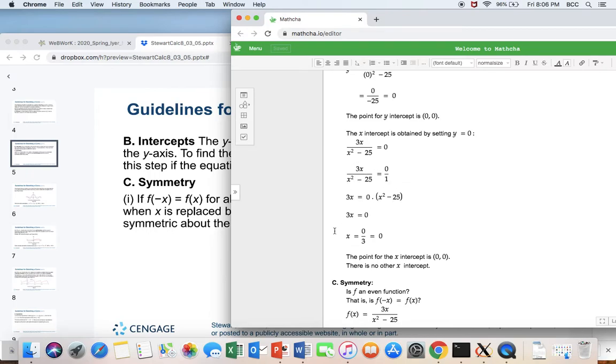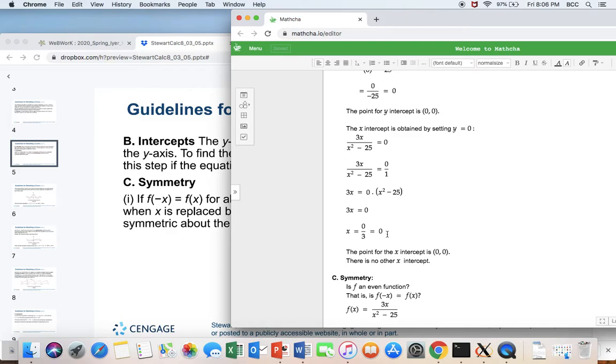So 3x equals 0. Divide both sides by 3. x equals 0 over 3, and 0 over 3 is 0. So what is the point here for the x-intercept? Well, the y coordinate is 0 and the x coordinate is 0. There is no other x-intercept. So notice you have only one x-intercept, which is also the y-intercept.